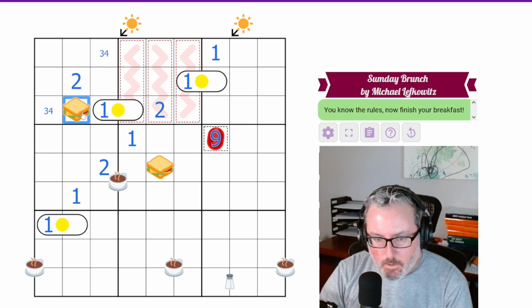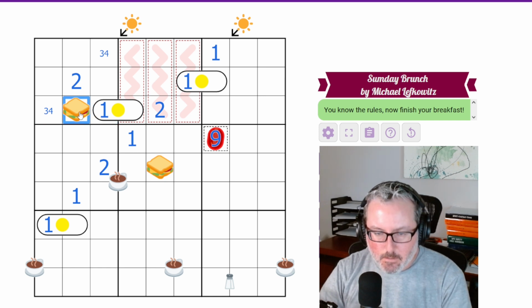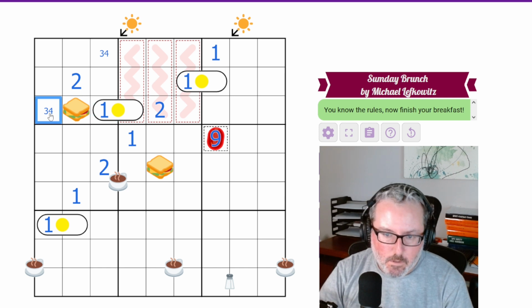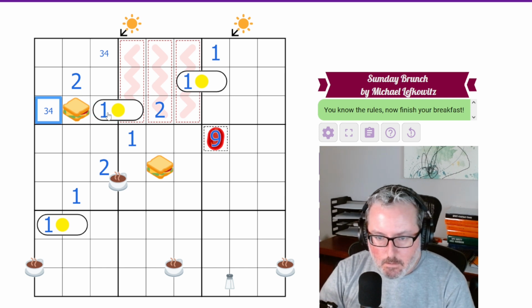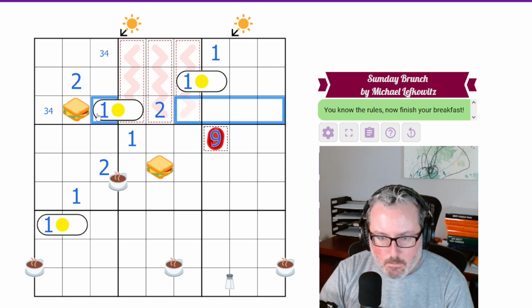Looking at this sumwich, we've got a 1 right next to it. We clearly don't have the highest digit over here. So this isn't some given number that's 1 to 9. Now, is that going to be helpful at the moment? Because we've got to put a 9 somewhere along these digits.